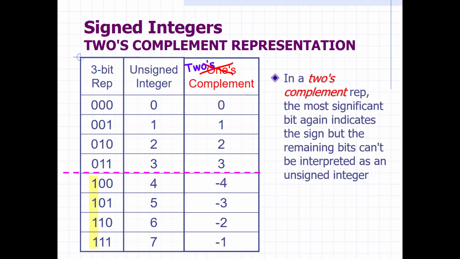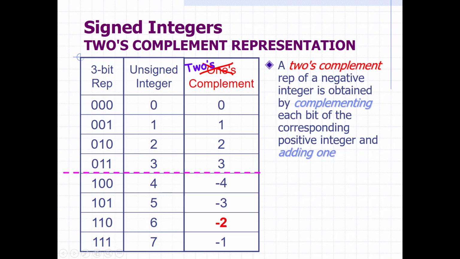Another neat feature is that it continues to preserve that negative numbers start with 1 and positive numbers start with 0. So we can quickly look at a binary string and know if it's positive or negative. Another neat thing is that the algorithm for converting to and from 2's complement is the same in both directions.